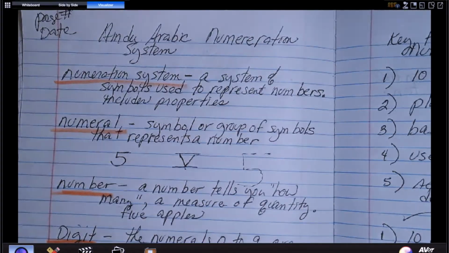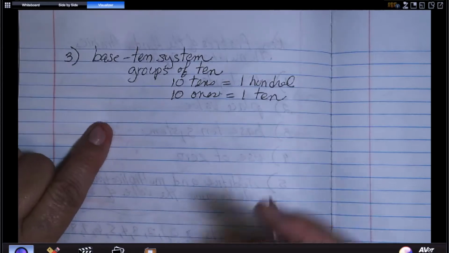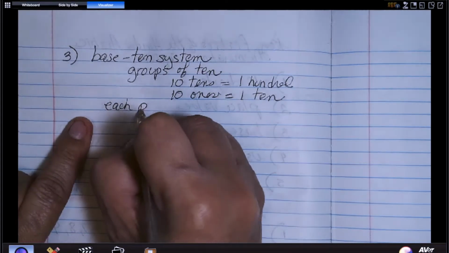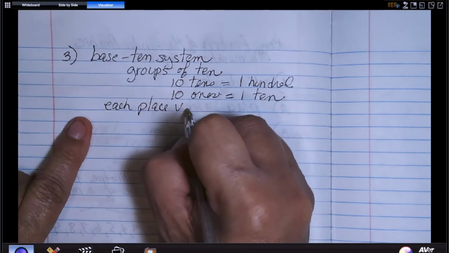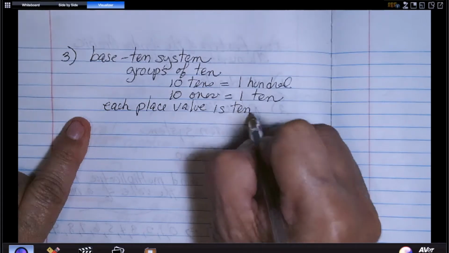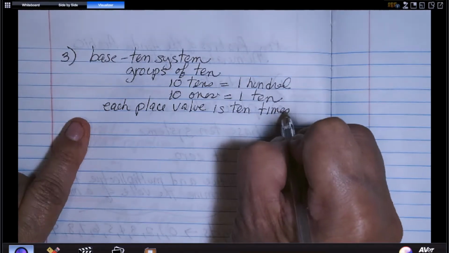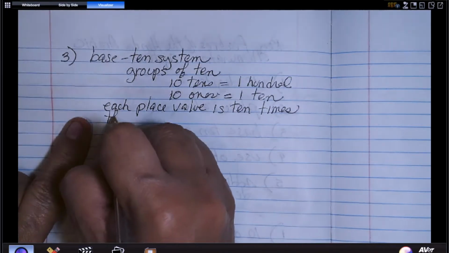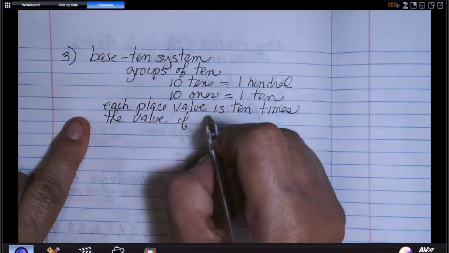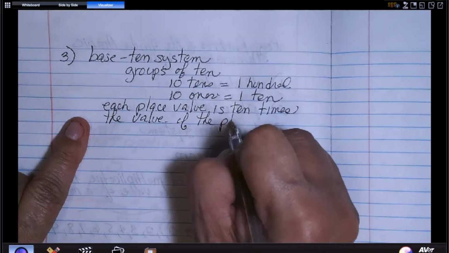So we could write it. I don't have room here. Let's go ahead and write it right here. Each place value is 10 times the value of the place to its right.